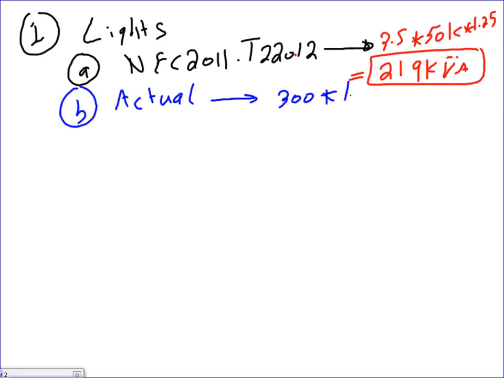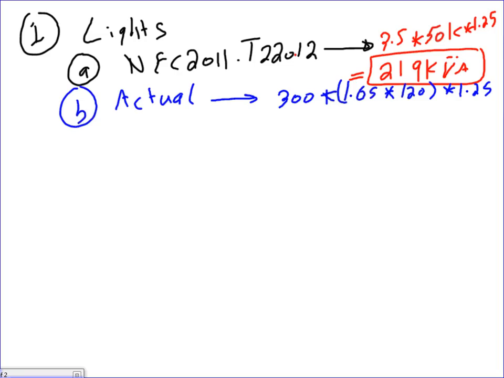Here's 1.65 times, what's the voltage? 120 volts. And because it's continuous load, we're going to multiply this by 1.25.